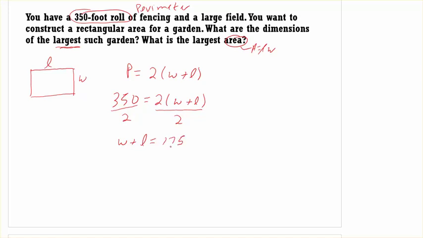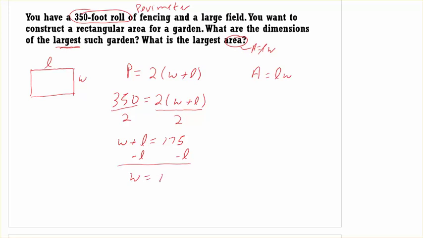Now that's really not telling us much, because if we go back to our area equation, we have two dimensions, the length and the width. And if we look over here, we also have the length and the width. So what we can do is rewrite this perimeter equation for width.